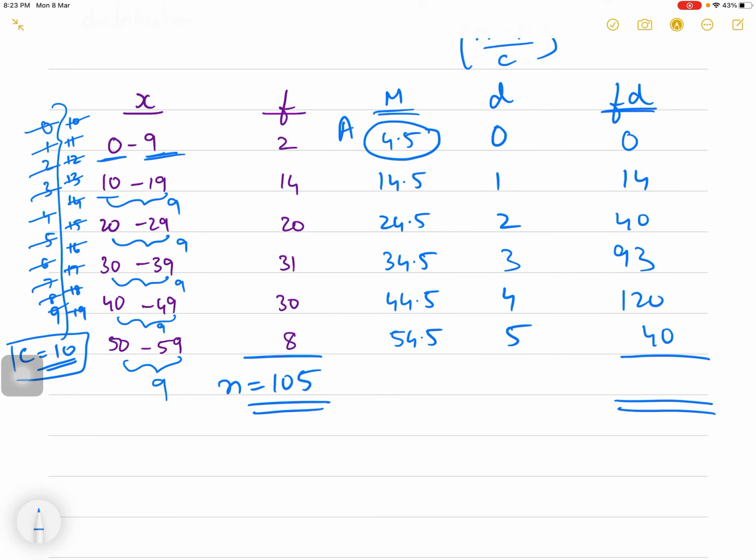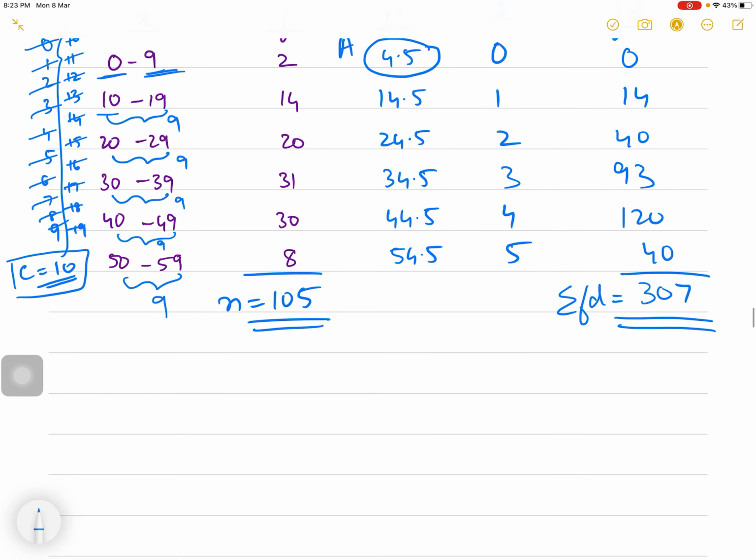Okay. And the total of FD comes to 307. So summation FD is equal to 307.